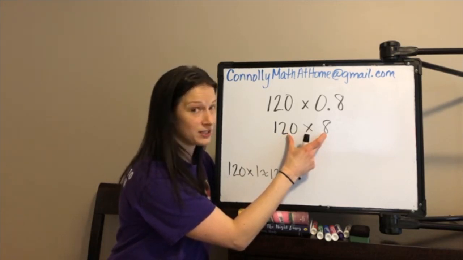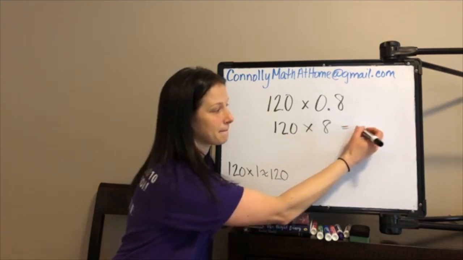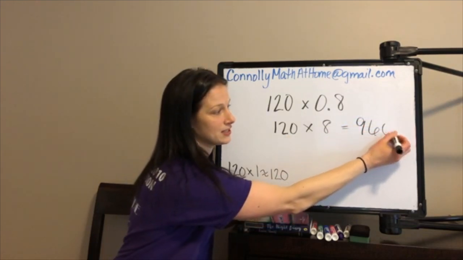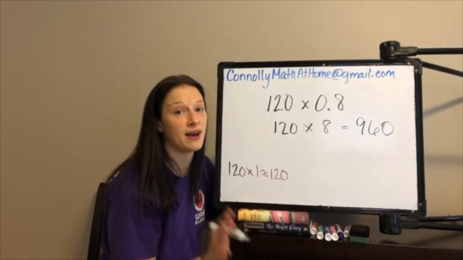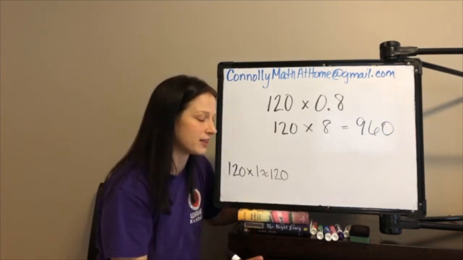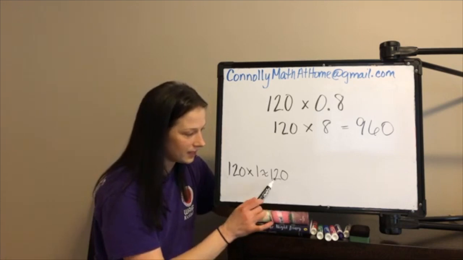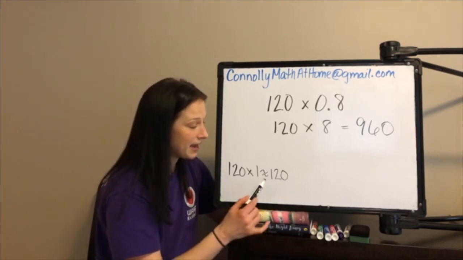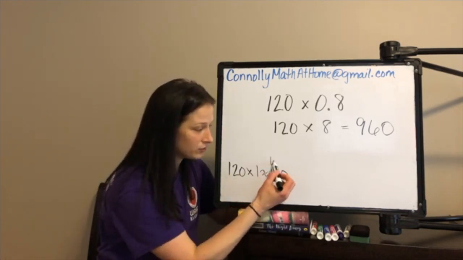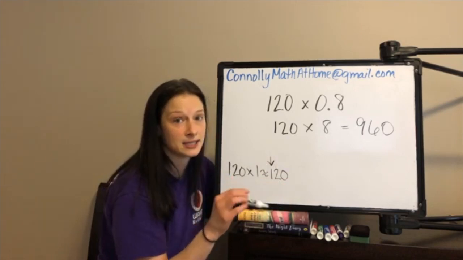So 800 plus 160 is 960. Okay, you have these strategies. I don't want you to forget about them, so that's why I'm reminding you. Now, I know that my estimate, we talked about it, is going to be less than 120.